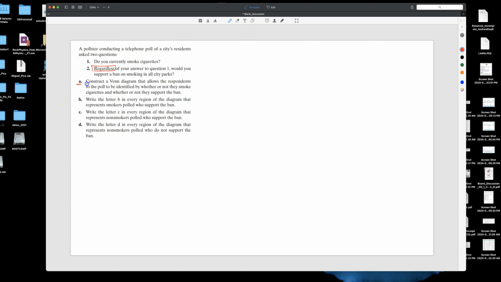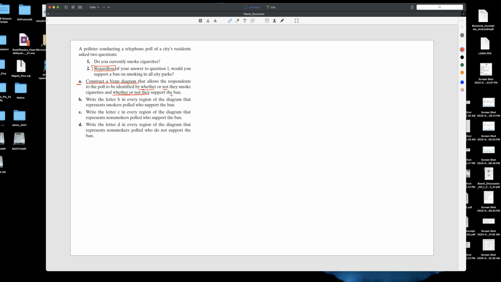They say, construct a Venn diagram that allows the respondents to the poll to be identified by whether or not they smoke cigarettes and whether or not they support the ban. So basically, we're going to have two sets.